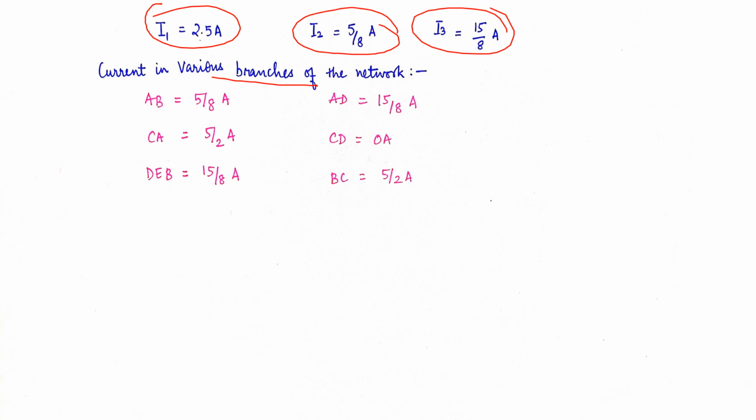Now the current in the various branches will be AB equals to I2, CA equals to I1, DEB equals to 15 upon 8, that is I3, whereas ID is the summation of the two currents, and CD equals to OA, which is having a current of, I have to check the diagram to find out the current, so kindly find this current and put it over here. BC will have a current of 5 upon 2 amperes.